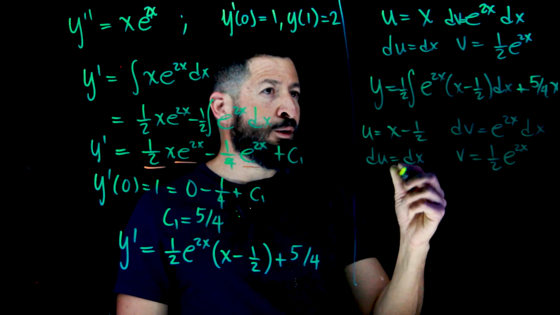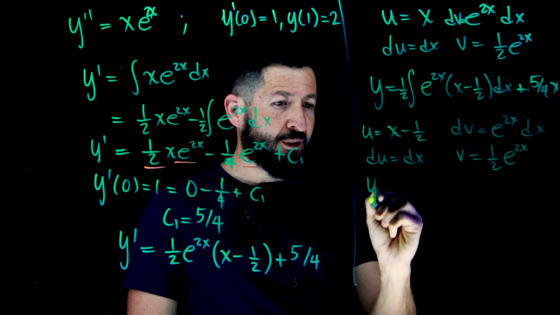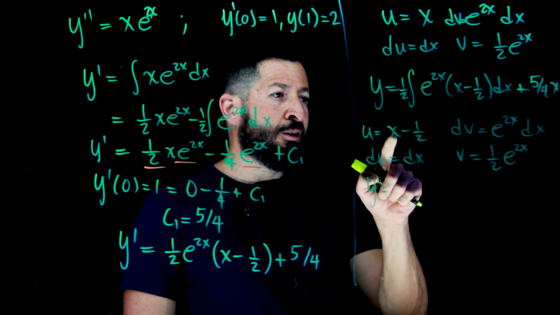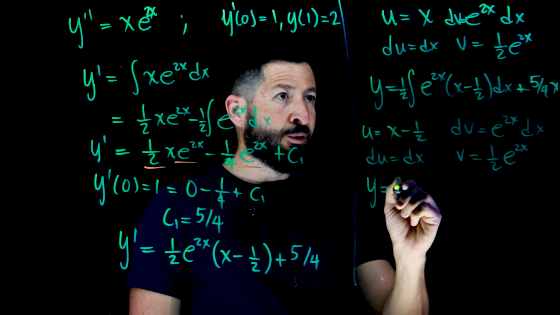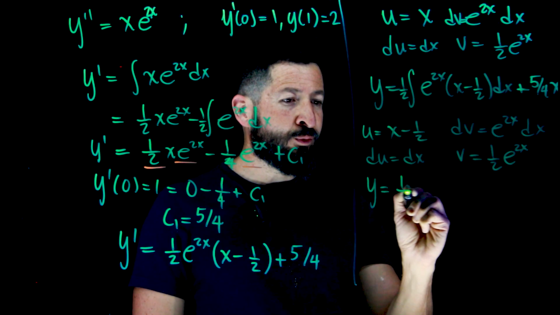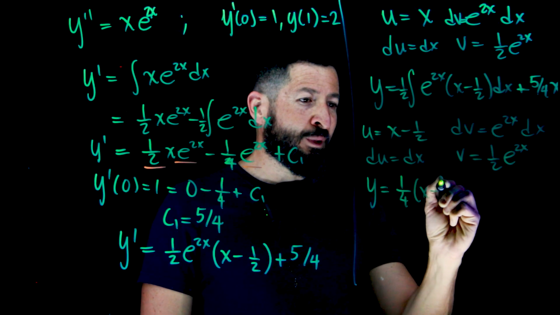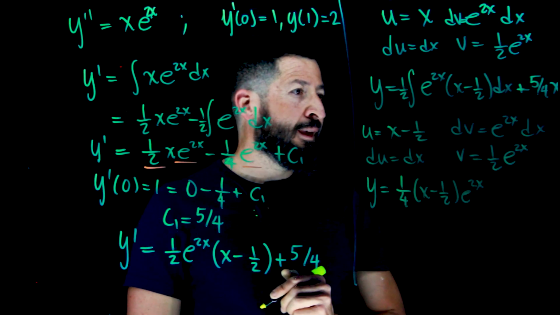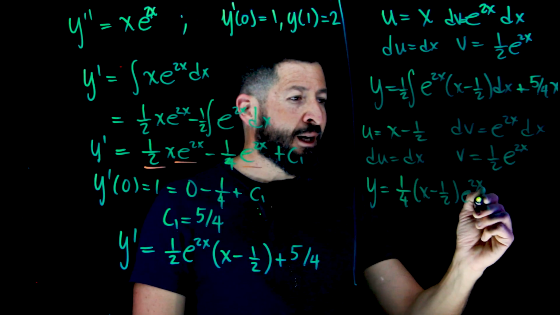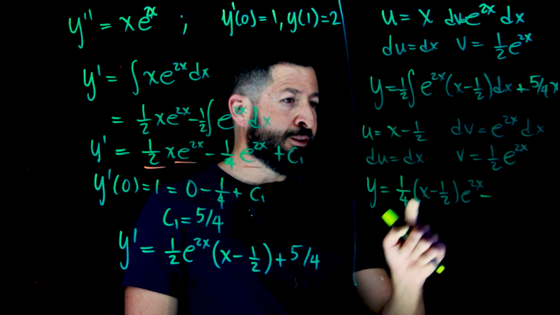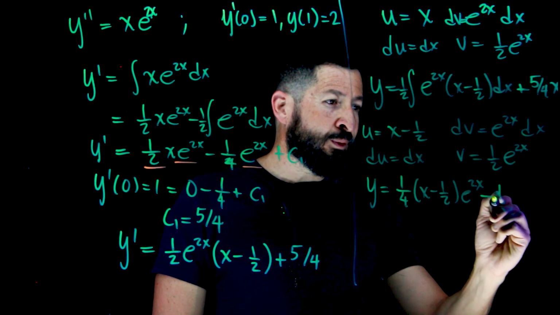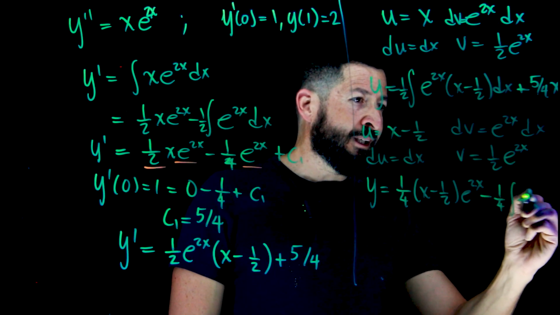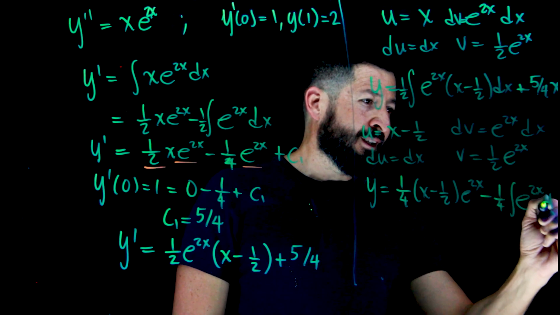All right, so now my integral, here I plug it in, so I get 1/2 of uv, so uv is going to be another half, so it's going to be 1/4 of x minus 1/2 e to the 2x. That was my uv, minus the integral of v du, which is going to be 1/4, because I have a 1/2 here and a 1/2 here, of the integral of e to the 2x dx.